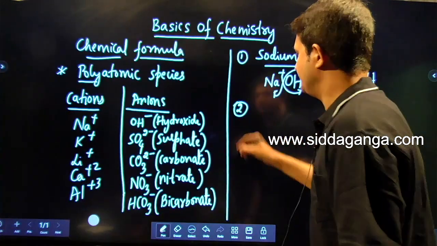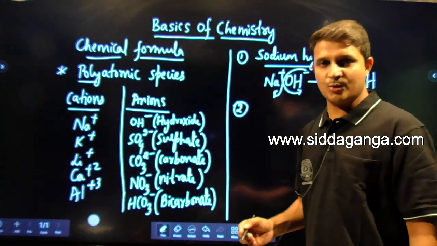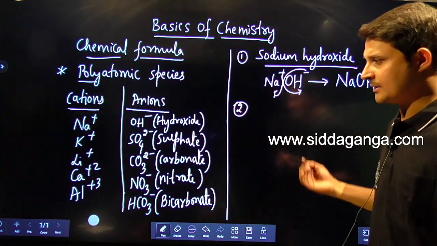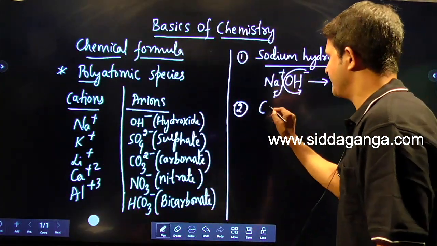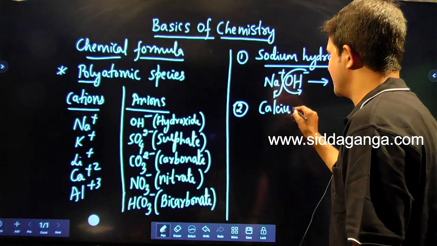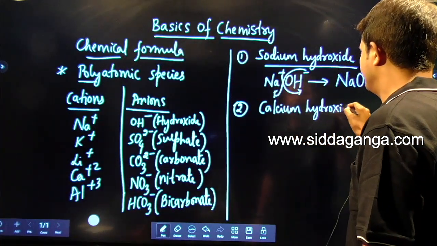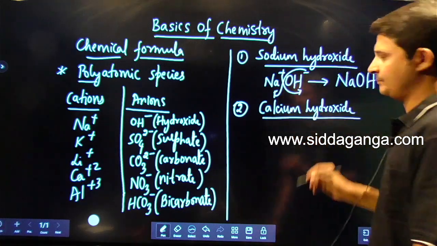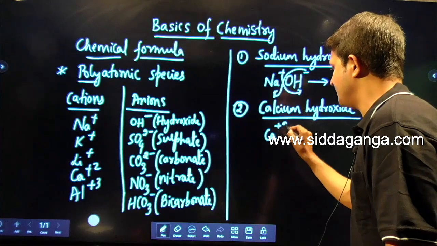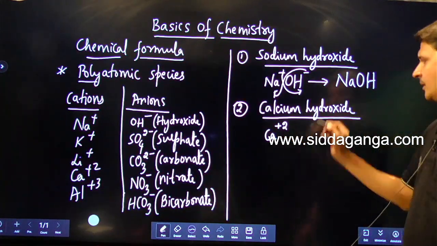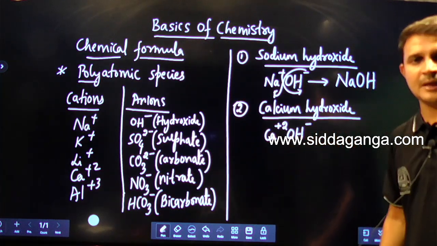Second one. Potassium hydroxide similarly gives KOH. Let's take calcium hydroxide. Calcium ion is Ca 2 plus. Hydroxide ion is OH minus.